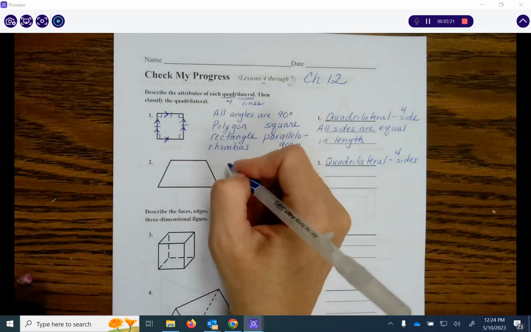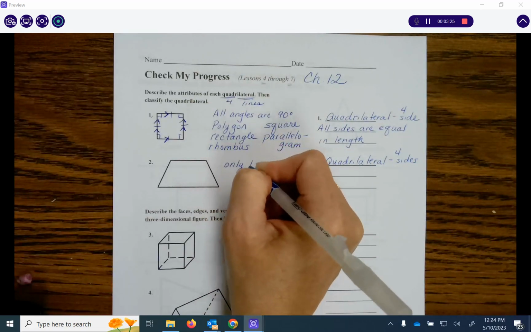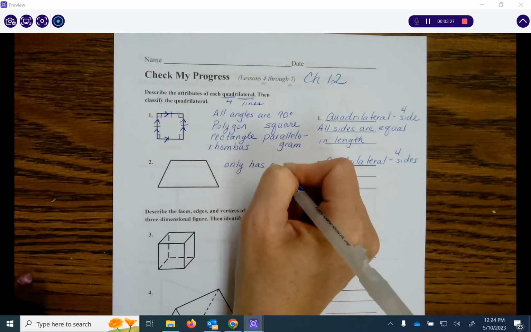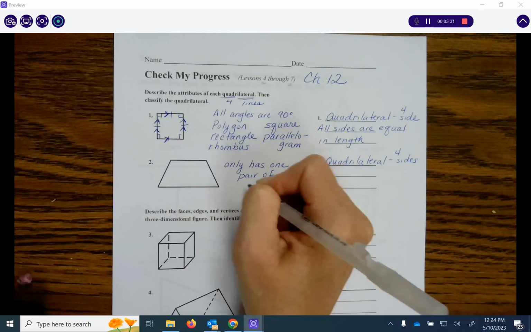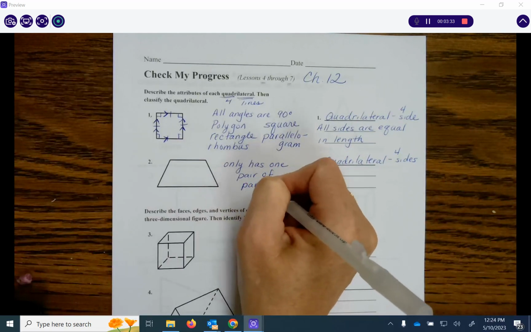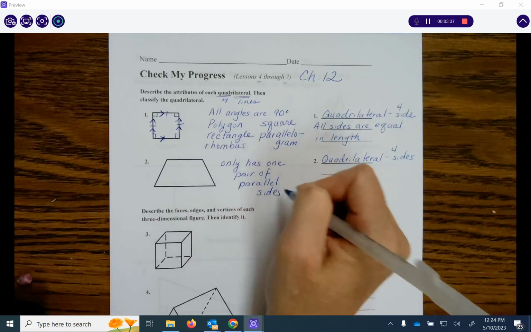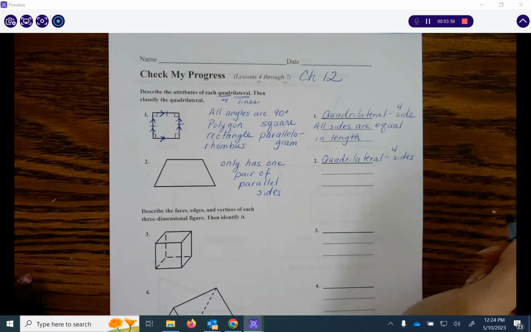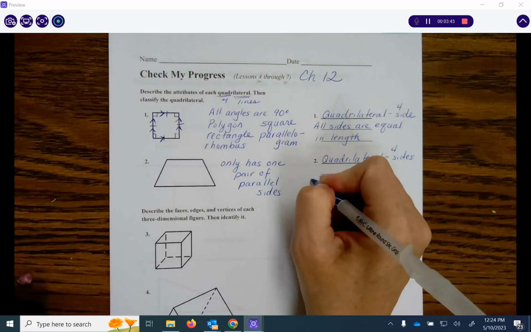It only has one pair of parallel sides. And therefore, it is not a parallelogram. Instead, it is a trapezoid.